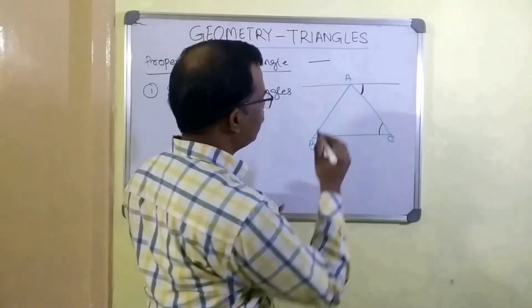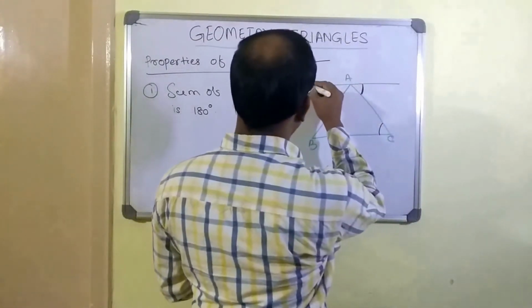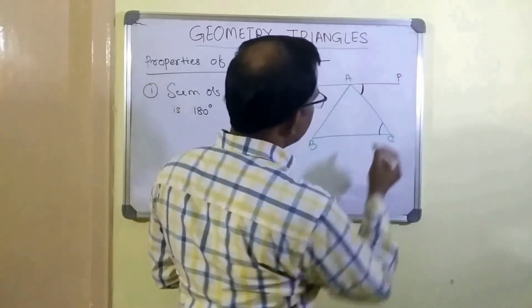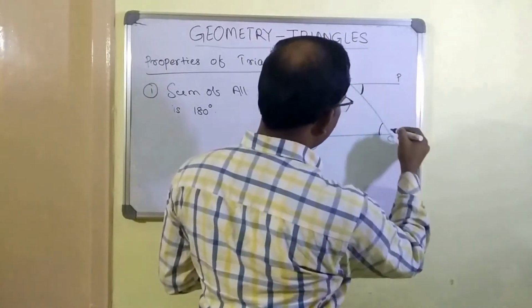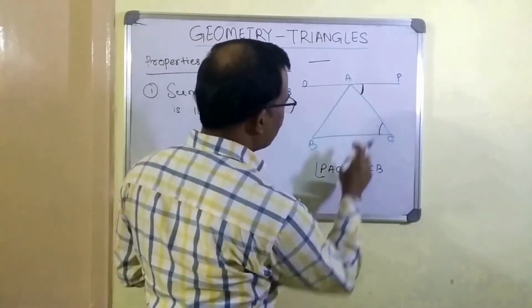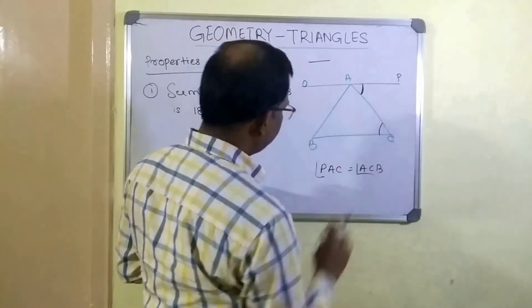Let me give the names. Let me mark the line as O, P. So angle PAC will be equal to angle ACB. This is because these are alternate interior angles of the parallel lines.